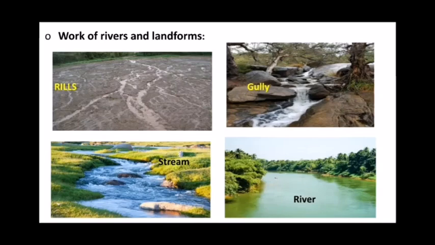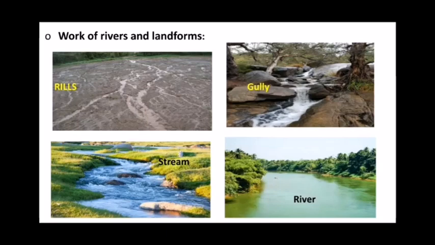Many rills come together and form a gully. Many gullies come together and form a stream. And finally, many streams come together and form a big flow of water. This big flow of water is called a river. That is how a river is formed.